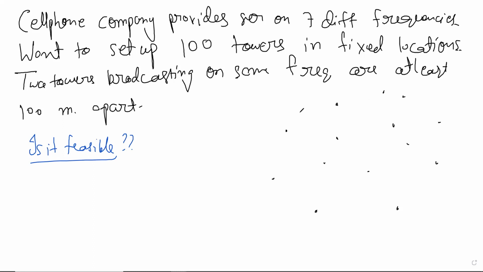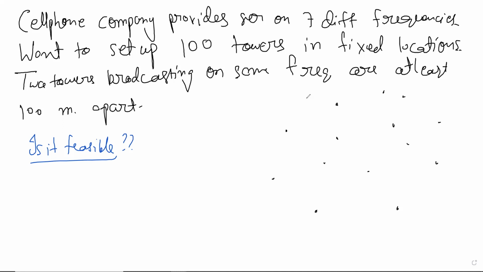If I have a lot of frequencies, then I can obviously use a different frequency on each tower and I'll be done, right? But I want to use as few frequencies as possible. If I have 7 different frequencies, I have to answer: is it enough? Are 7 frequencies enough for me to set up 100 towers?